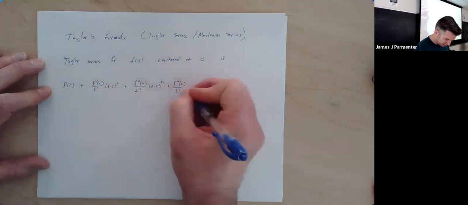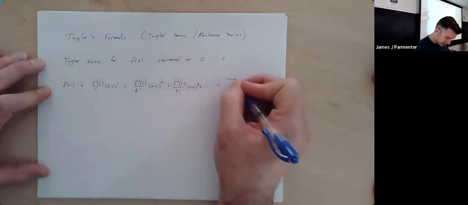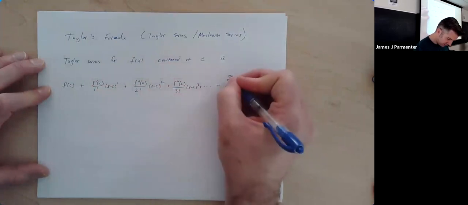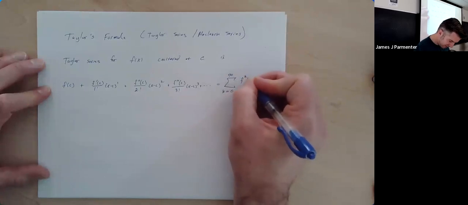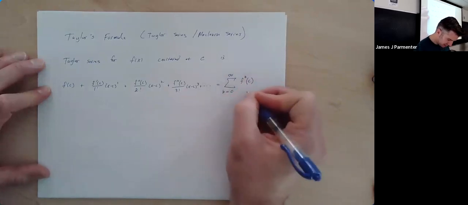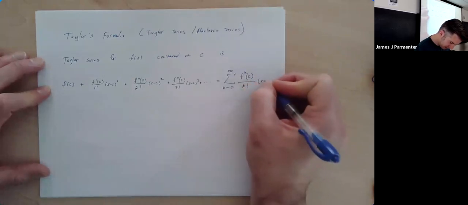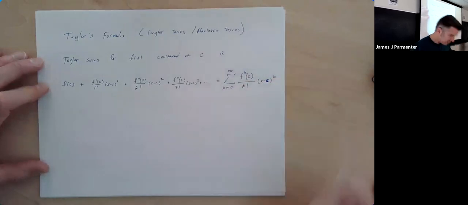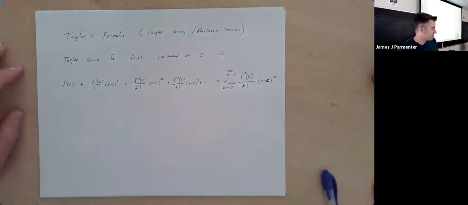That's why we have sigma notation. We're going to say this is equal to the sum from k equals 0 to infinity of the kth derivative of f evaluated at the center c over k factorial times (x minus c) to the kth power. That is Taylor's formula.